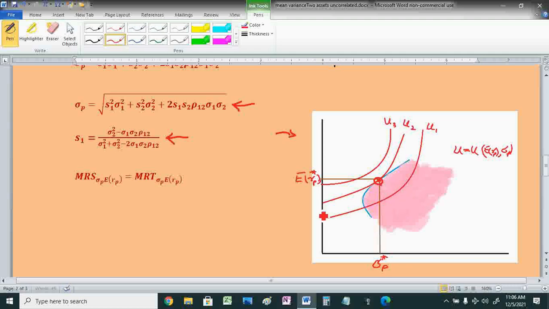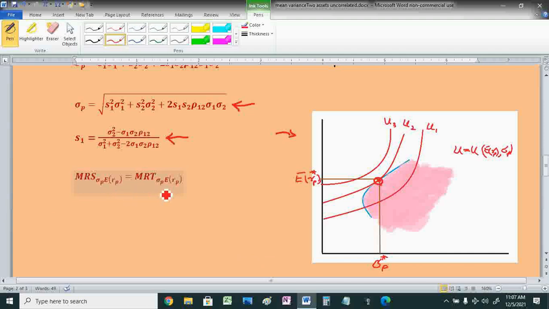And see that this condition could be written in this form: the slope of the indifference curve is the marginal rate of substitution, because along the vertical axis we have expected rate of return, and along the horizontal axis we have portfolio standard deviation. So this is the MRS between portfolio standard deviation and expected rate of return on portfolio.